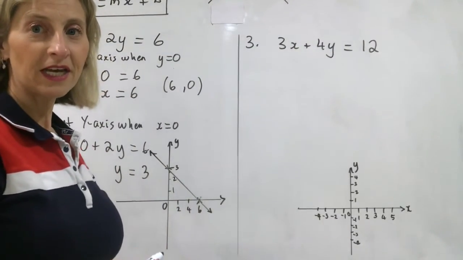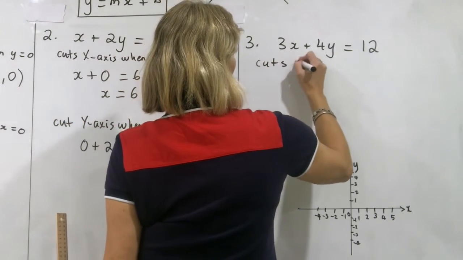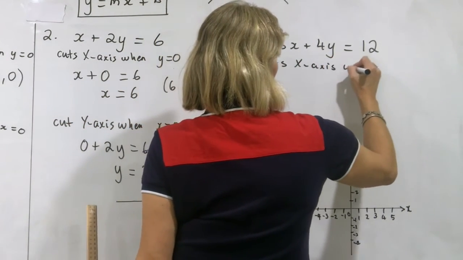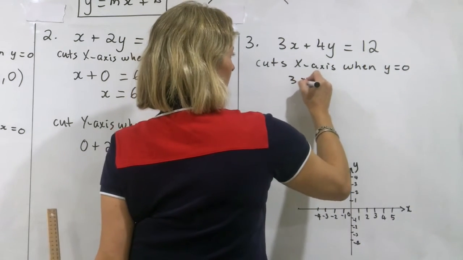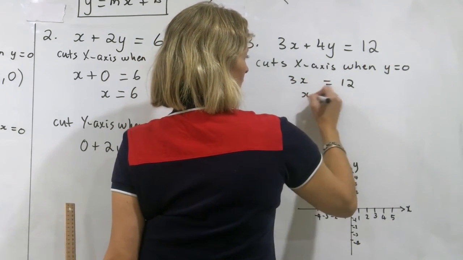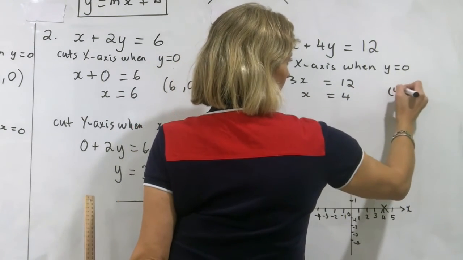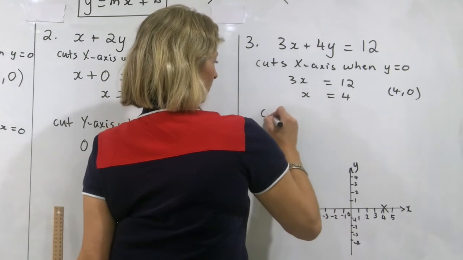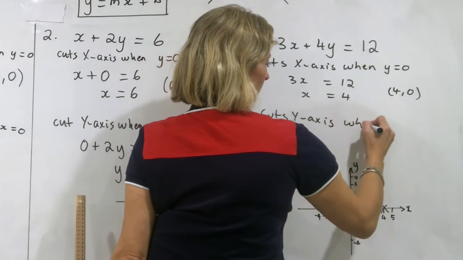So we know that the line cuts the x-axis when y equals 0. We put in y equals 0 and we solve it for x. So x equals 4. And then we know that it cuts the y-axis when x equals 0.